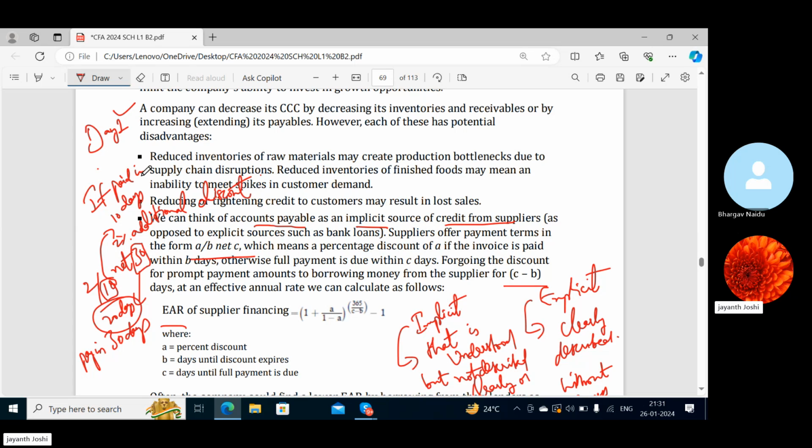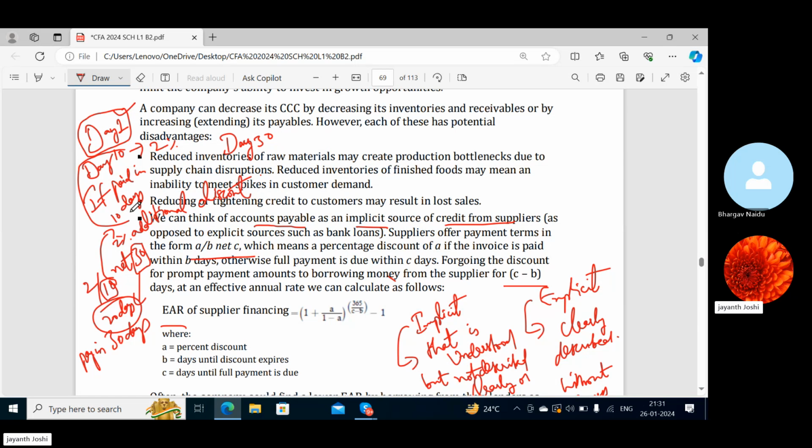I will not get it. If I make the payment on day 10, definitely I'm going to get the 2% discount. If I make the payment on day 30, what is going to happen? No discount. On day one, I'm not getting a discount in the sense that the charges for a customer taking goods on cash basis and credit basis usually differ in trading concerns. So here you may expect a premium price if you're going for credit terms.